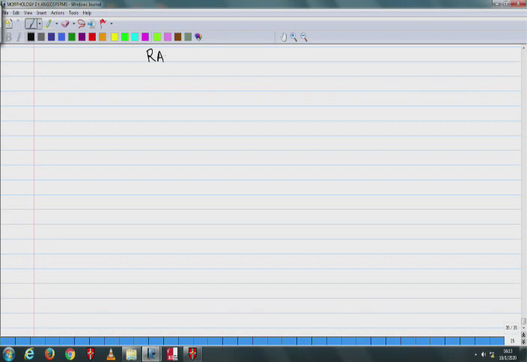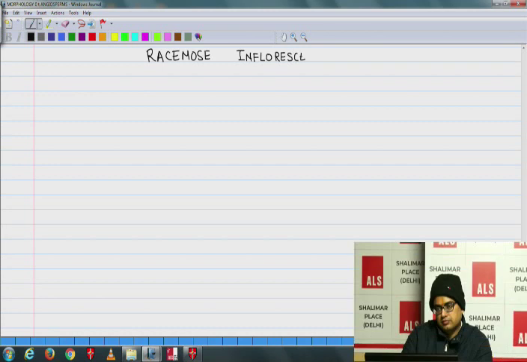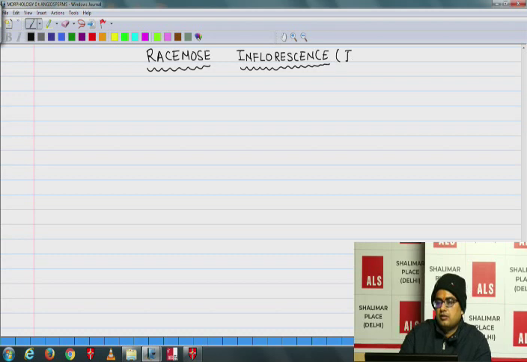In brackets you can write indefinite growth of inflorescence axis.